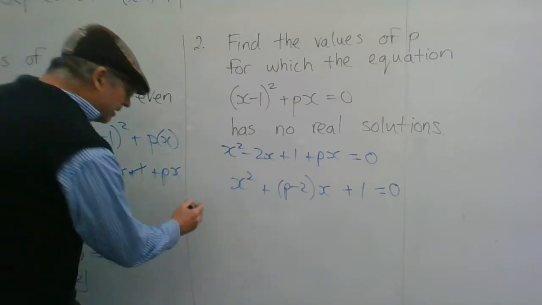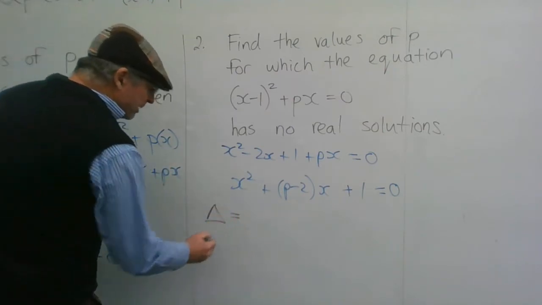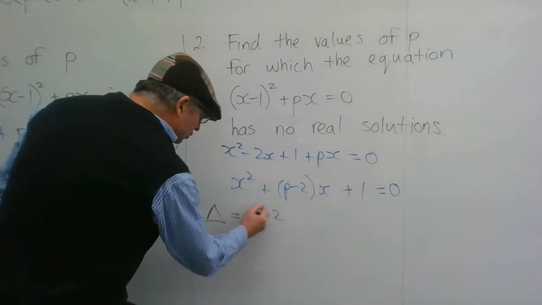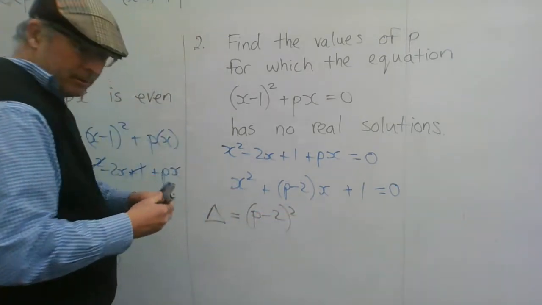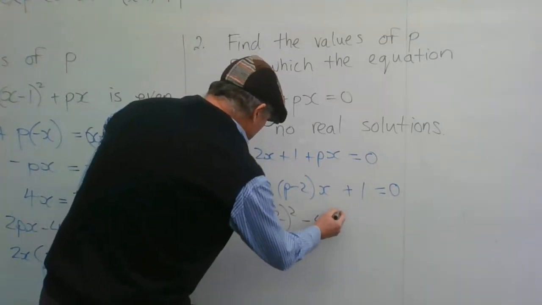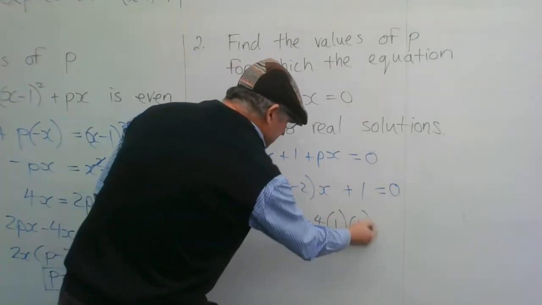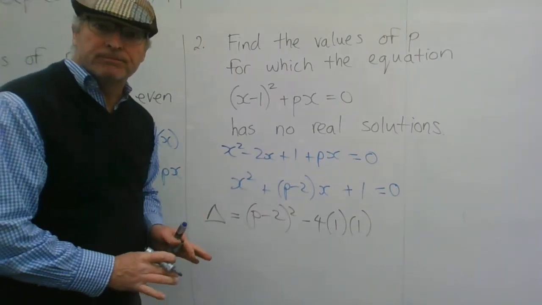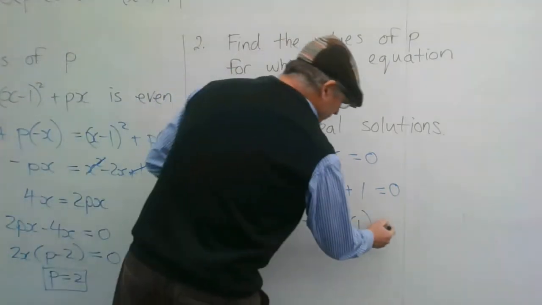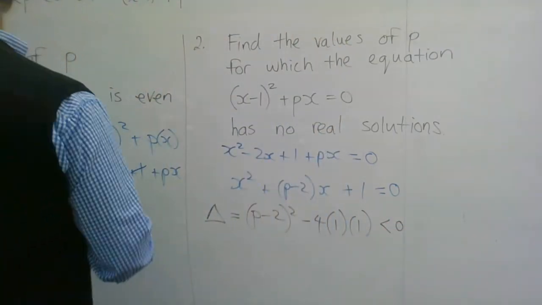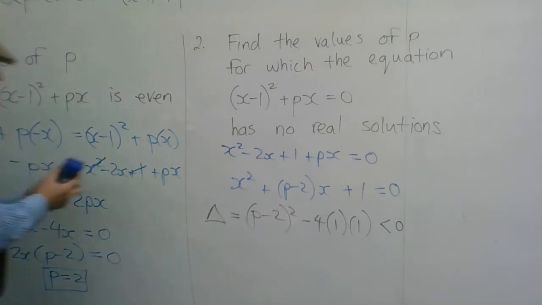So the discriminant for this, b squared minus 4ac, is (p minus 2) squared minus 4 times a times c. And I'm going to want that discriminant to be less than 0.